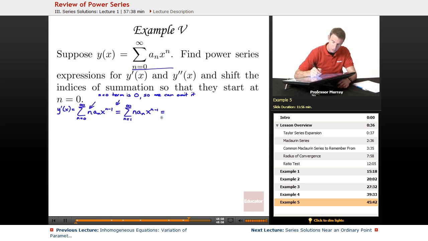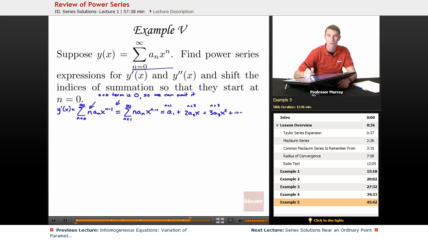If I expand out this series, I'm going to start out with n equals 1, and I'll get a sub 1. x to the 0 is just 1, so I won't put anything there. Plus, the n equals 2 term gives me 2a sub 2 times x to the 1. The n equals 3 term gives me 3a3 times x squared, and so on.